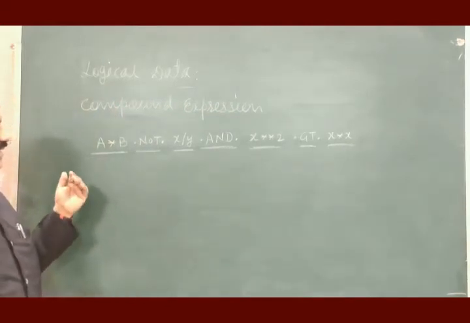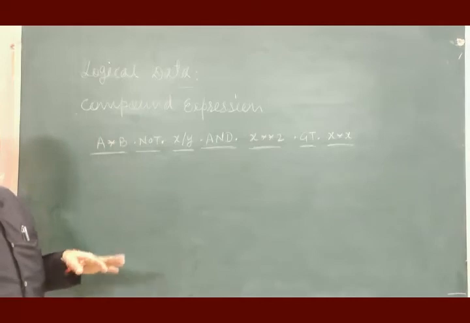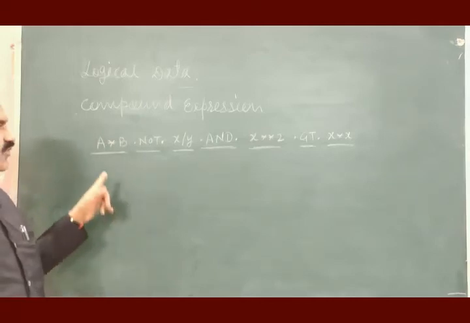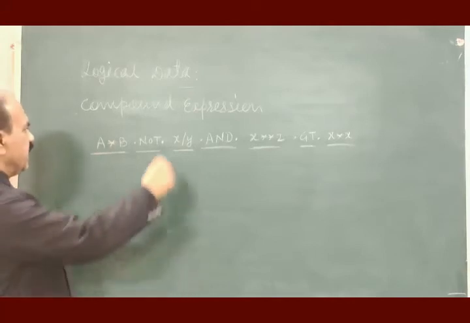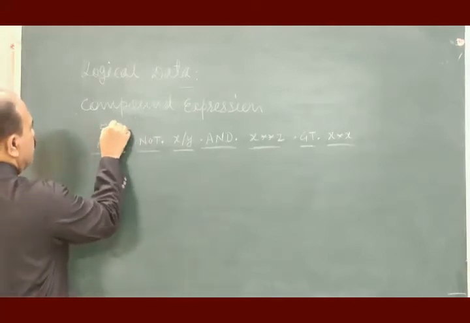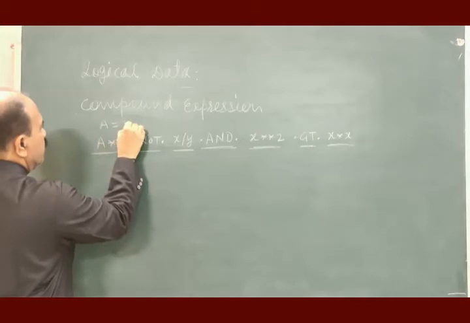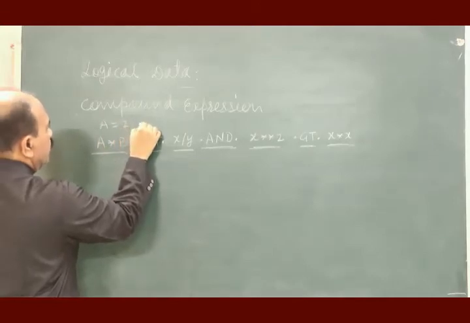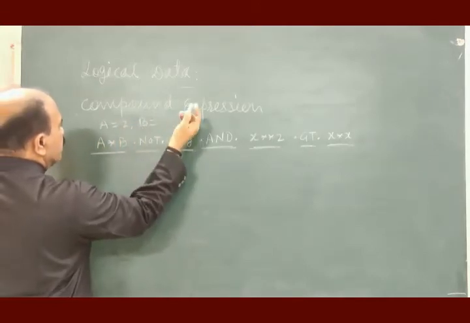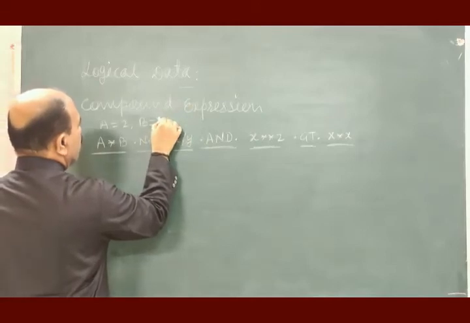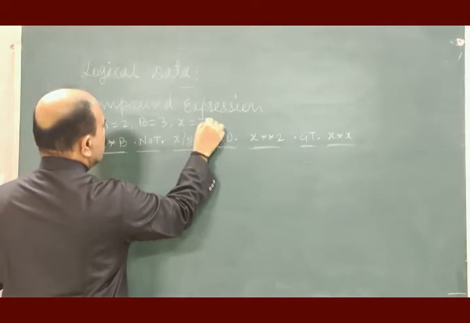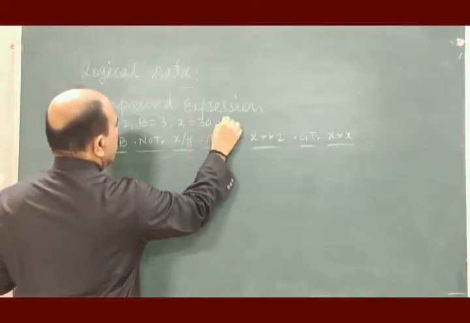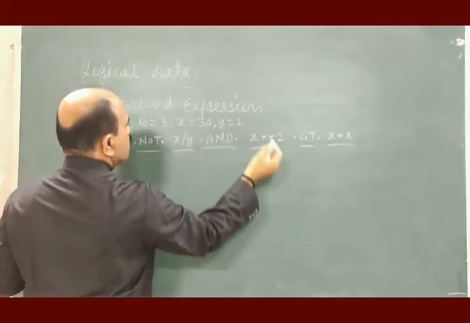Let us assign values to the variables used here so that you can derive some result from this compound expression. Let us suppose that A is given 2, B is given 3, X is 30, Y is 2.